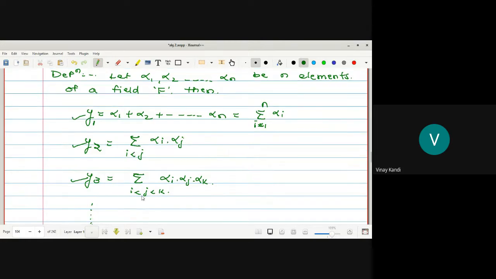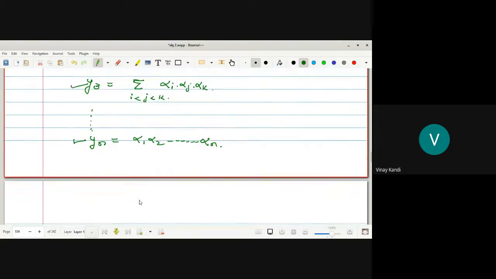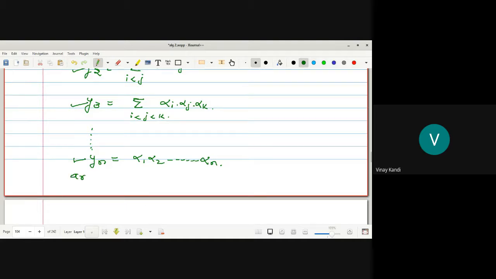These are called elementary symmetric functions of alpha 1, alpha 2, up to alpha n. कौन है elementary symmetric function? It is y1, y2, y3, up to yn. एक example घेतल्यानंतर ते व्यवस्थित लक्षात येईल.